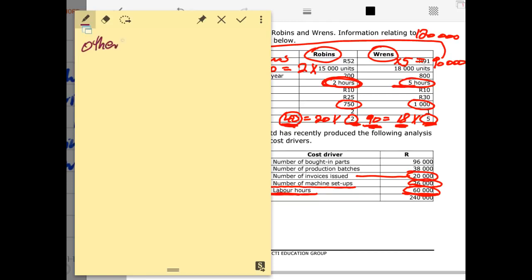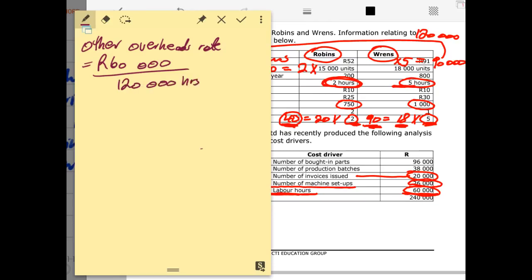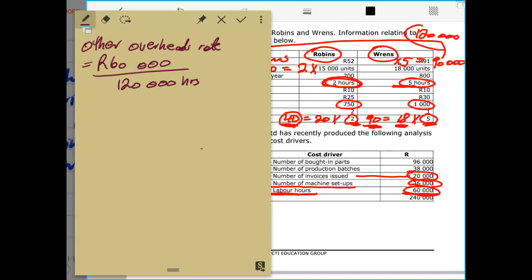We take the cost, which is 60,000 rands, divided by the total cost driver, and the total cost driver is 120,000 hours, which is made of 30 and 90.